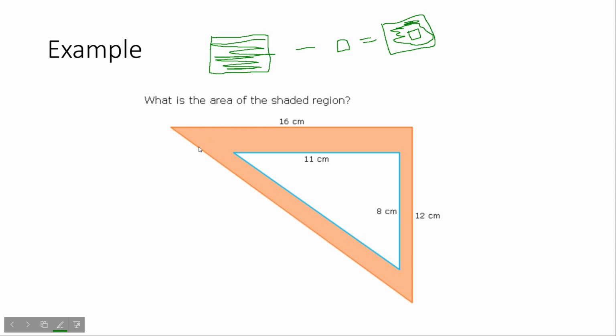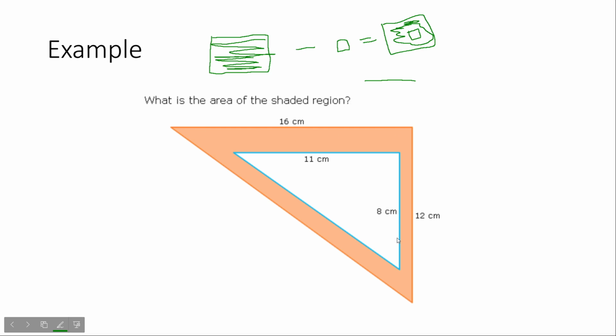Now, it's really the same thing with what we're going to do today, except today, we're just going to work with a triangle. Two triangles. It's going to be the same idea as this. Like before, we had to find the area of the whole outside.